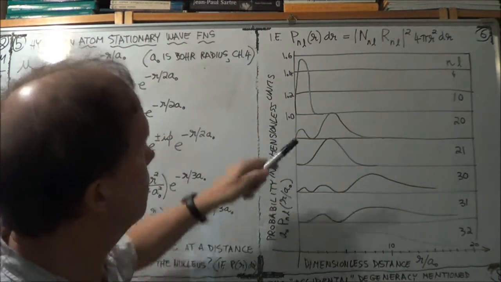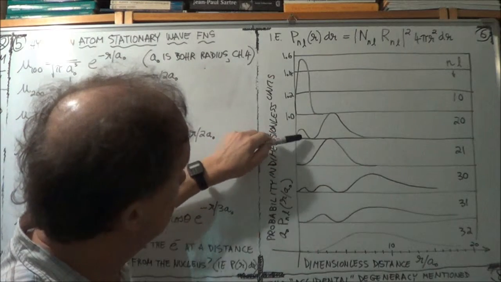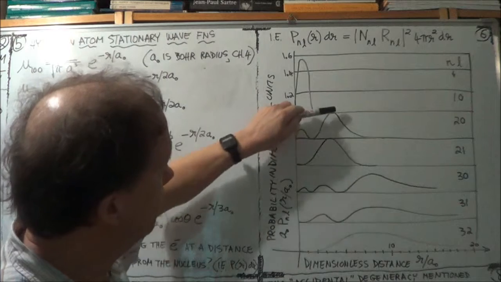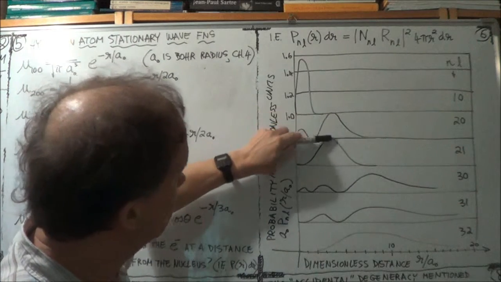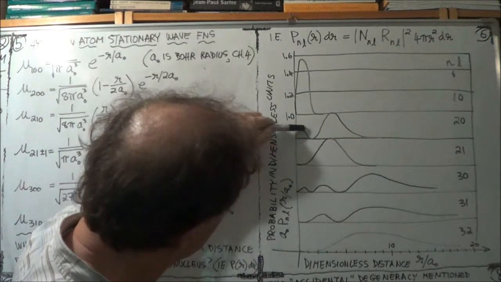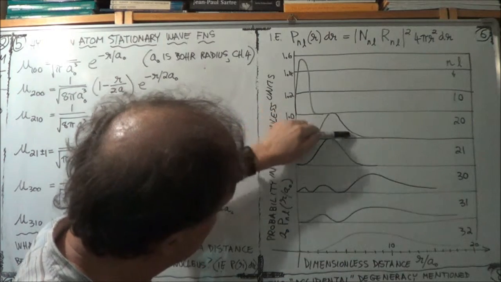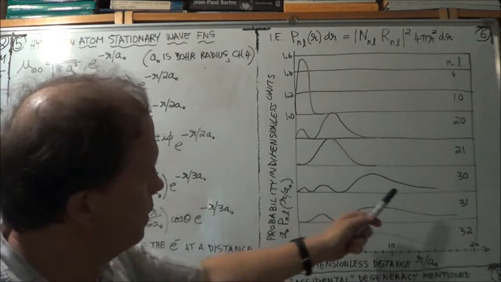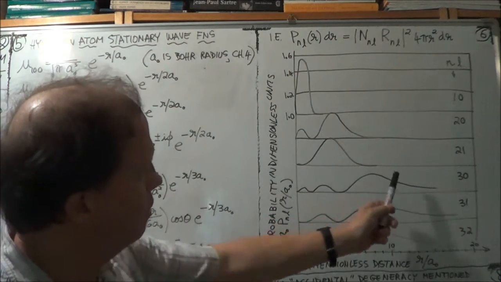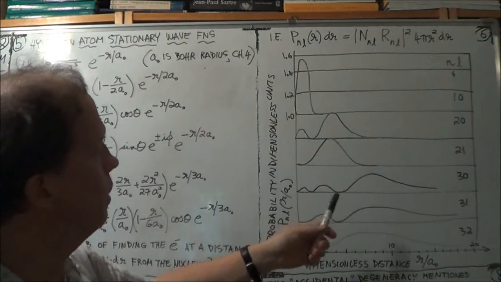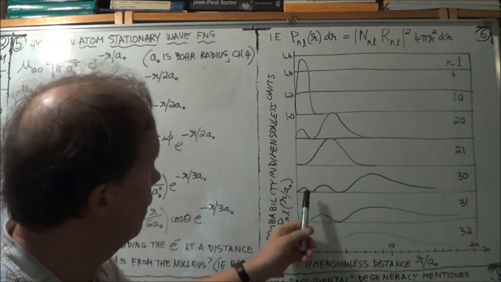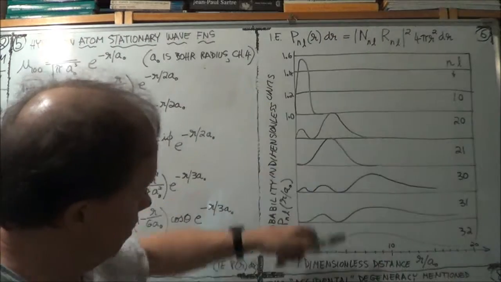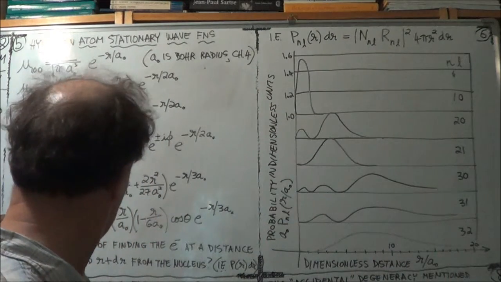So in some places, like in this case, the electron just would not be at that particular distance, but there's quite a high probability to be at this distance, because the probability density is high. So you can see the electrons tend to congregate more at certain distances than others, and that's what this is showing.